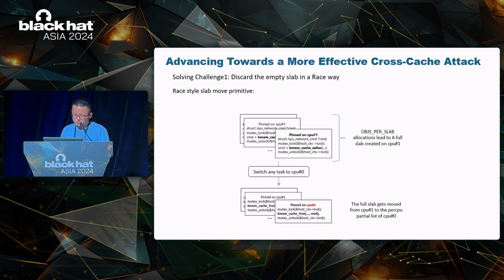Since there are objects-per-slab allocations happening at the same time, they must lead to a full slab getting created on CPU 1. So if we just switch any of these tasks to CPU 0, a release will happen on CPU 0. This triggers the slab move primitive. As a result, this full slab would be moved from CPU 1 to the partial list of CPU 0. We call this whole process a race-style slab move primitive.